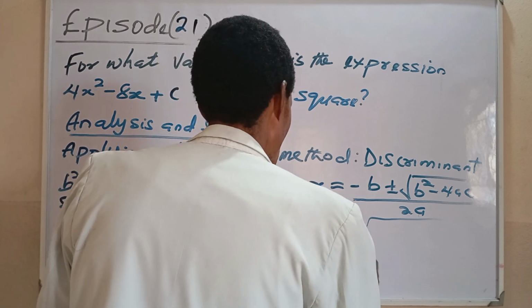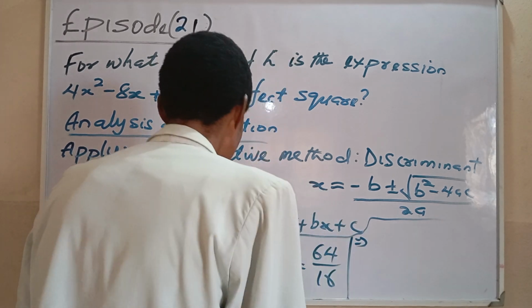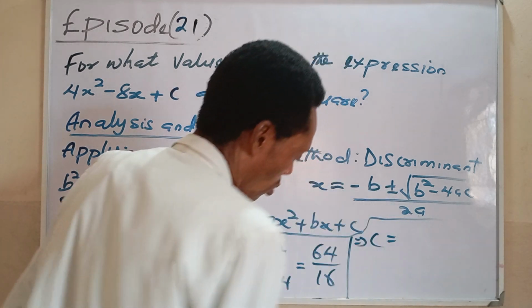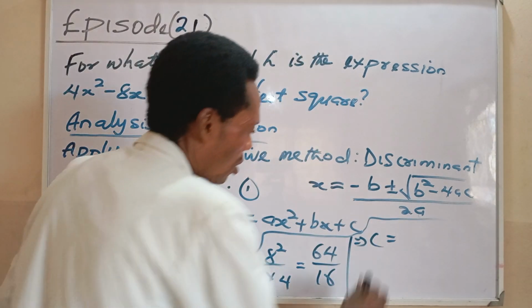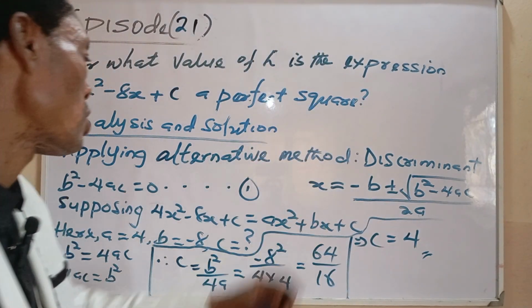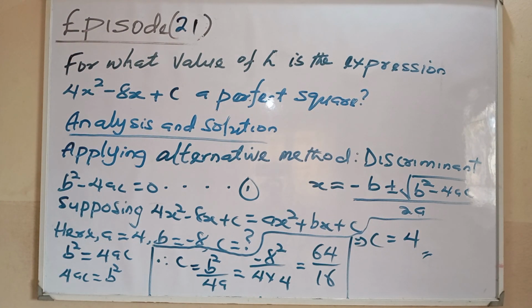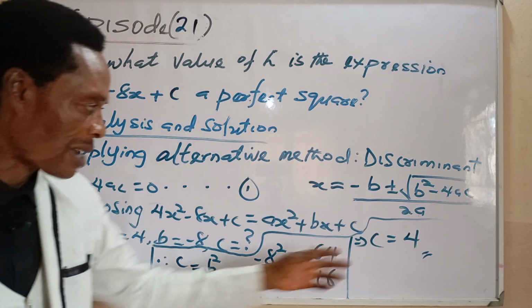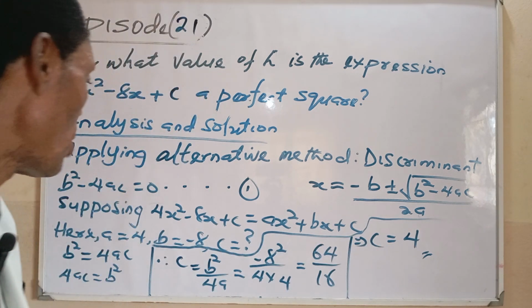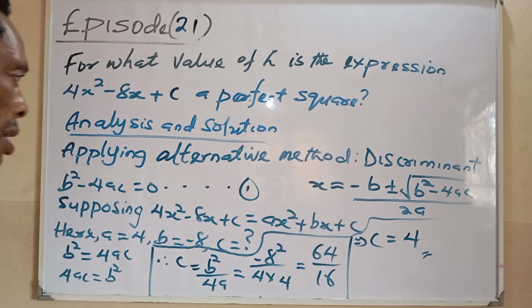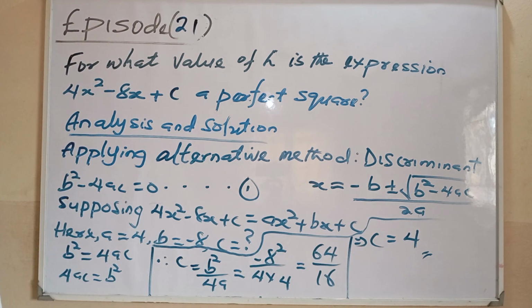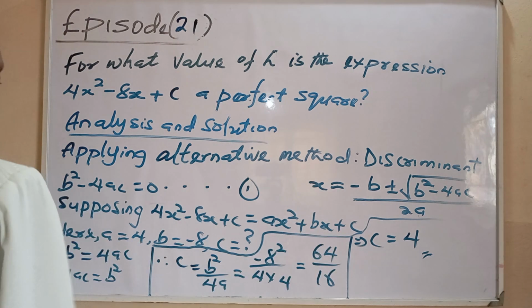So what implies my c now equals 64 over 16, which gives you 4. Is it not simple enough? My c equals 4.